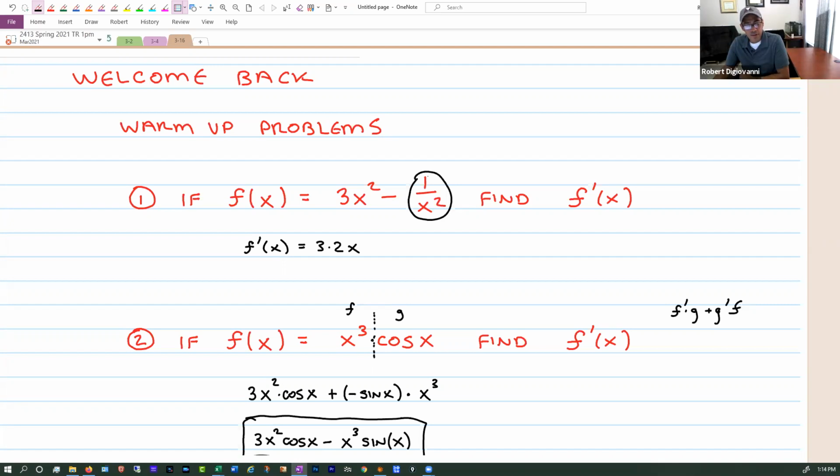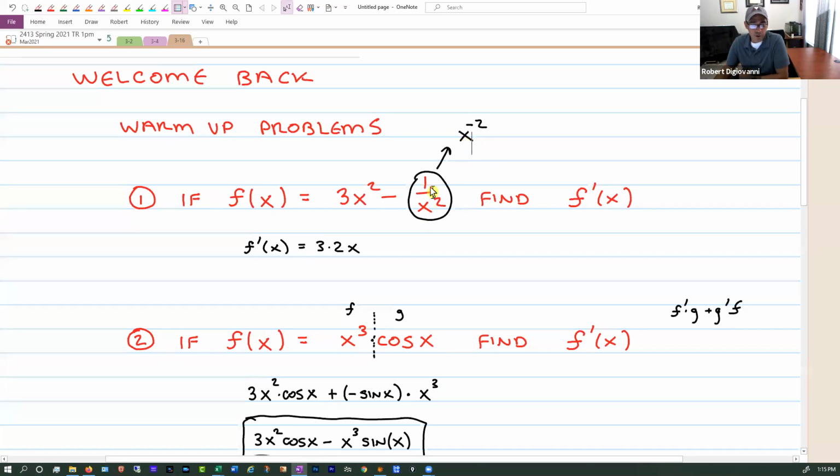This is a good lesson for everybody here. If you want to treat this like a quotient, then you have to use the quotient rule. Like if you want to do 1 divided by x squared, then you're going to have to do the quotient rule there. But your other option is to realize you could rewrite that as x to the -2, right? That's what 1 over x squared really means.